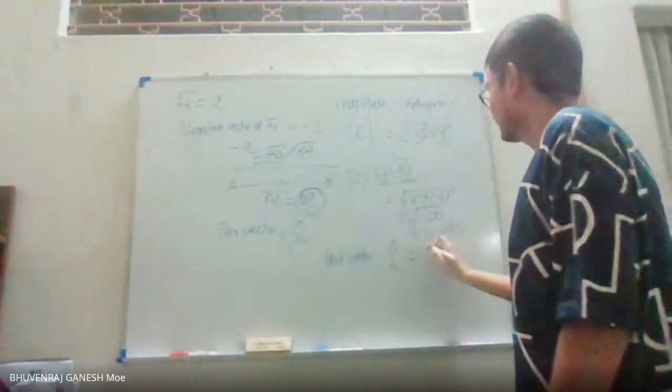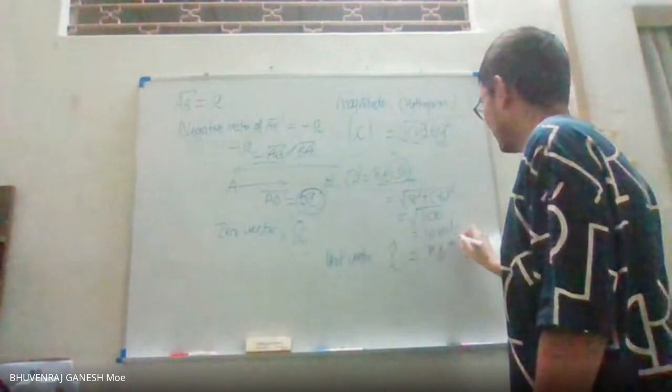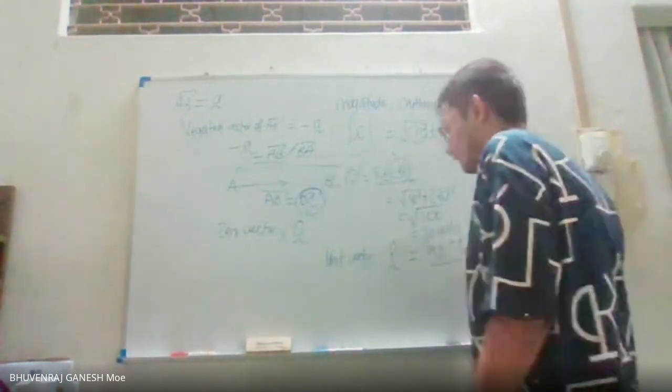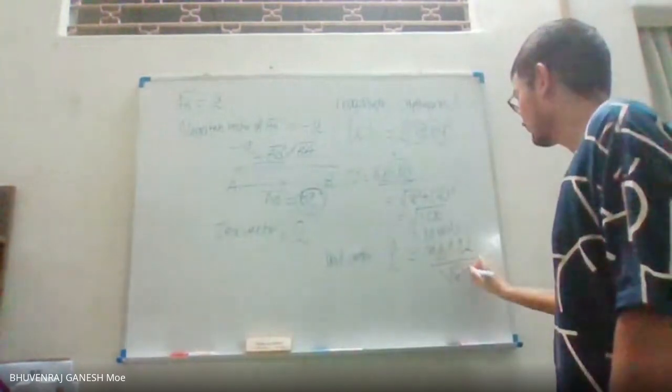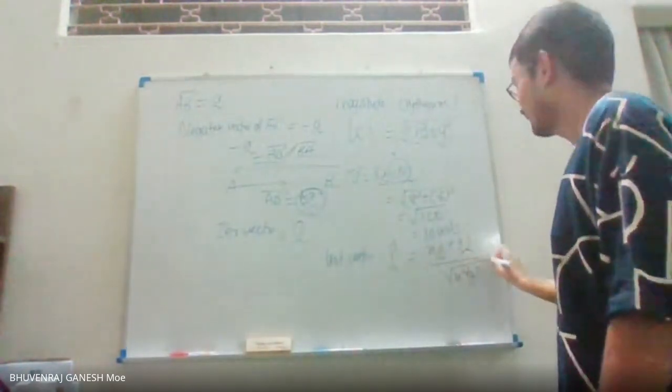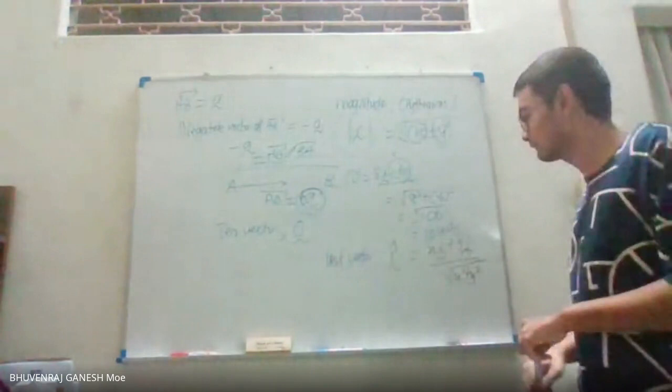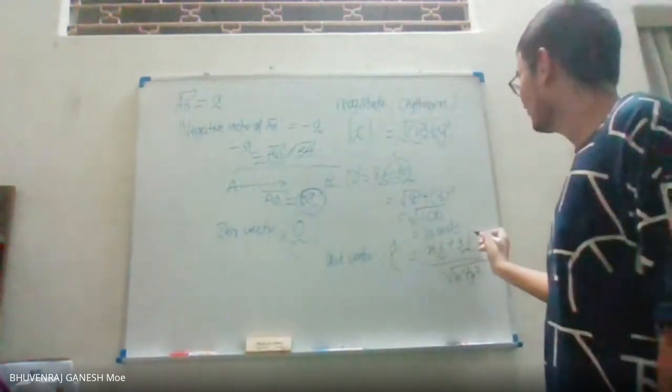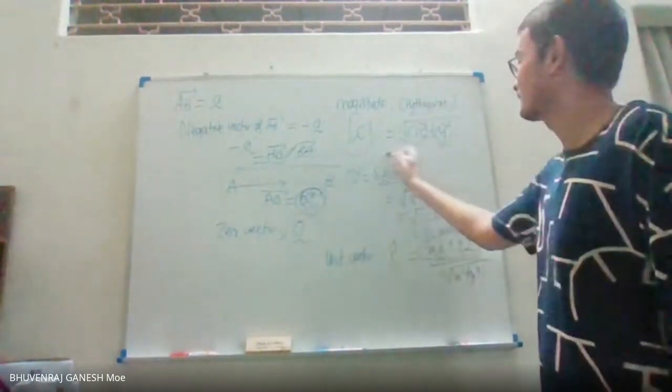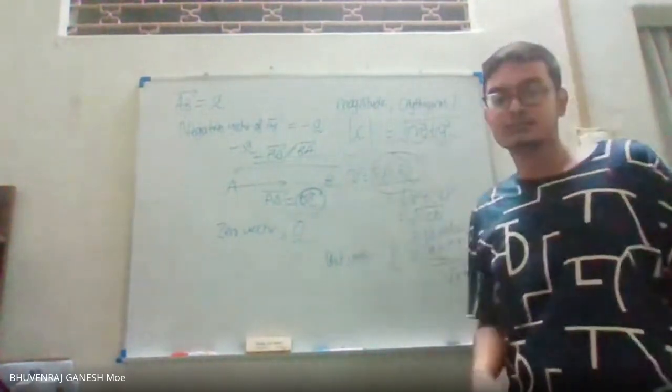So the formula is xi plus yj over square root of x square plus y square. Looks complicated, right? But actually it's not that complicated. If you see xi plus yj, isn't it the same as what I gave you on top here? 8i minus 6j.